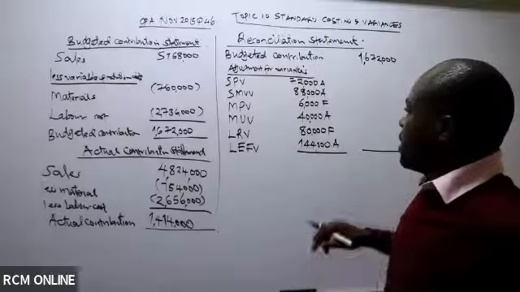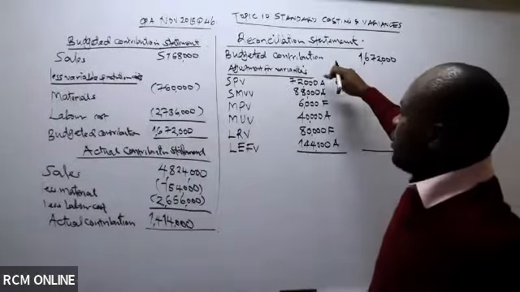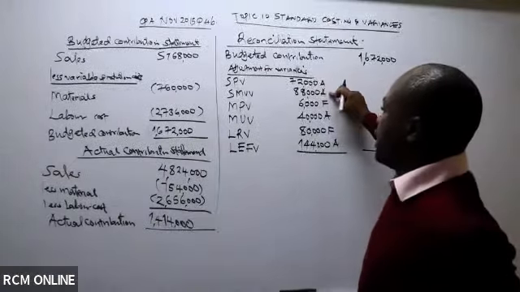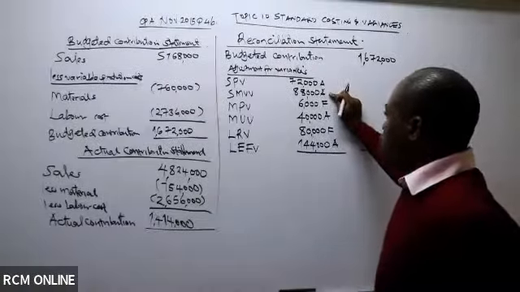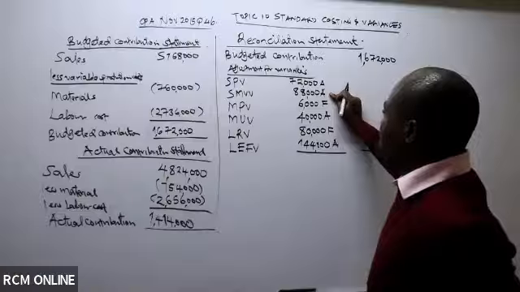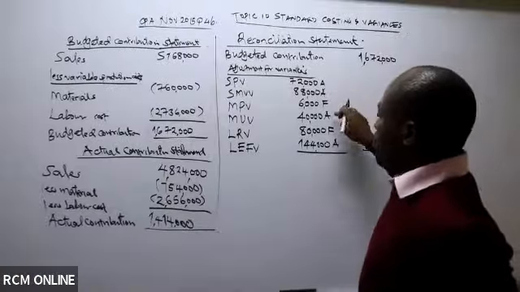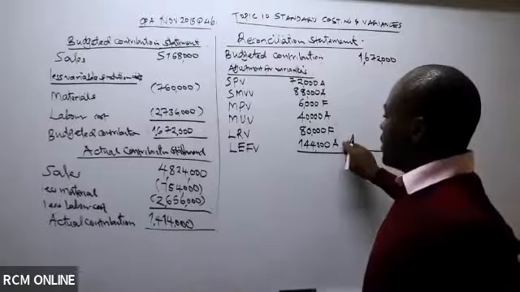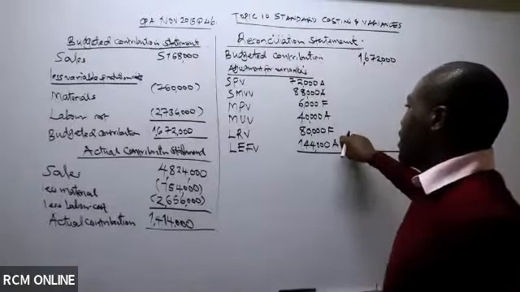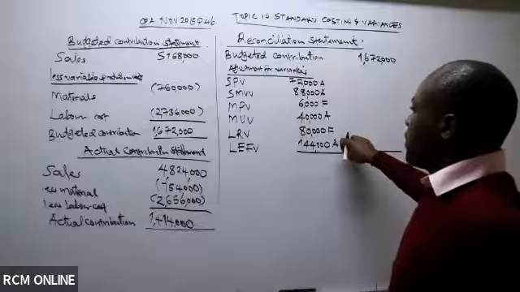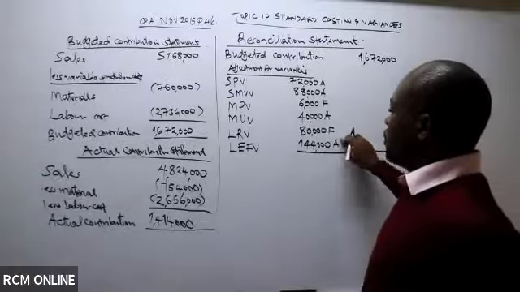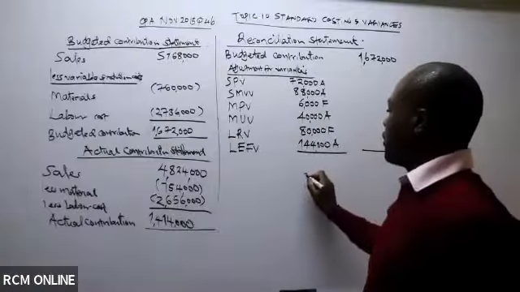258,000. Remember to put a negative, negative 72, negative 88. That's around 160 negative, 200 negative, plus this will give us something like 384.